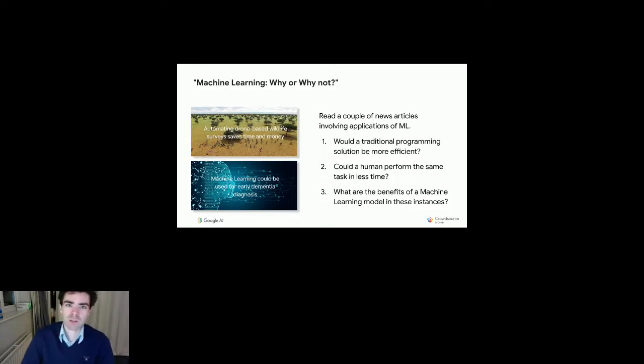So a lot of this course is exploring machine learning; in fact, it is exploring the interpretation of machine learning.